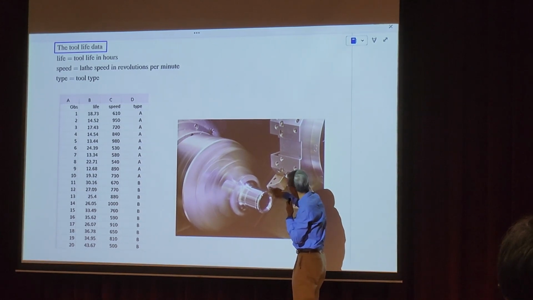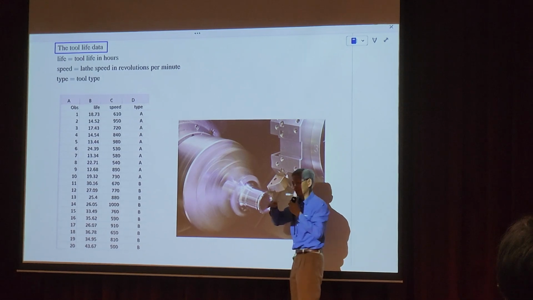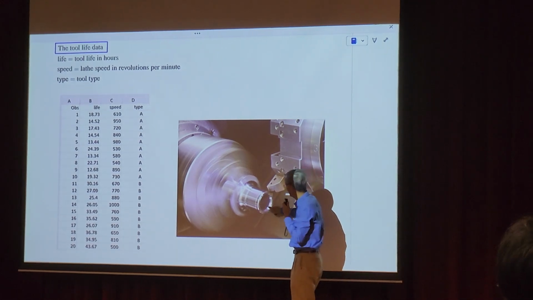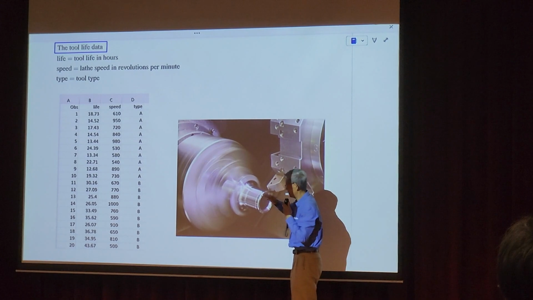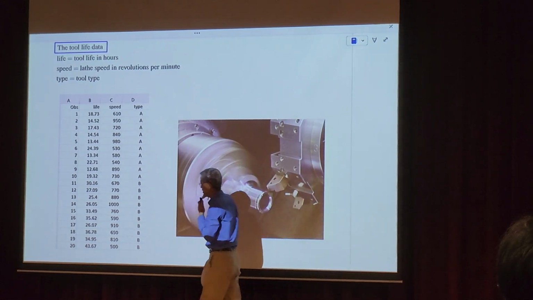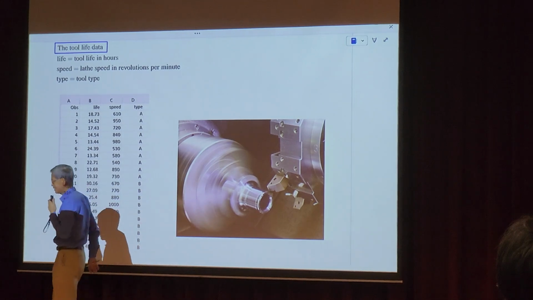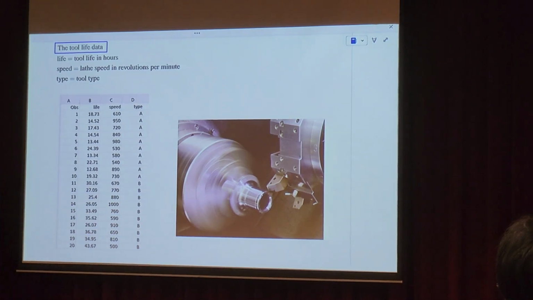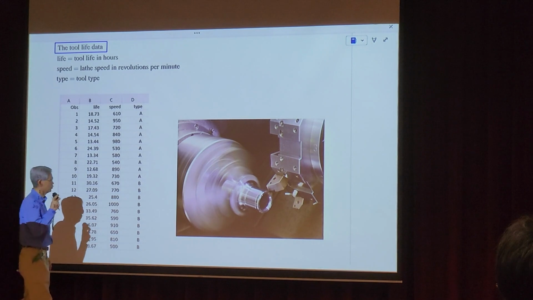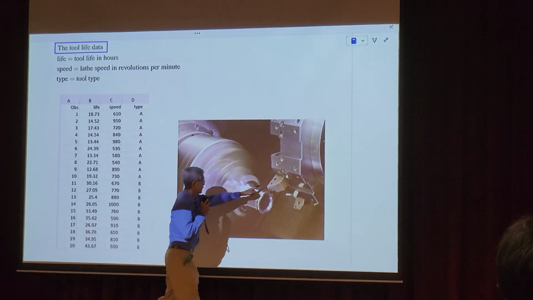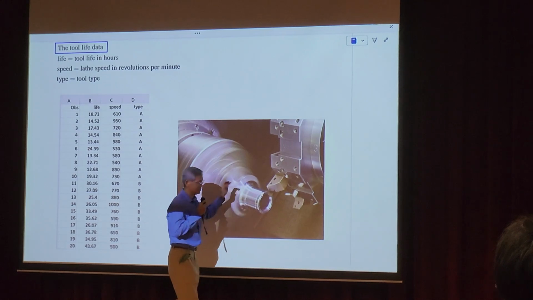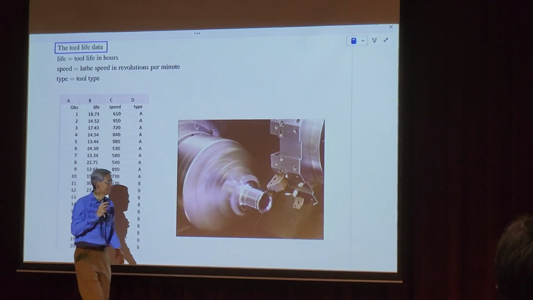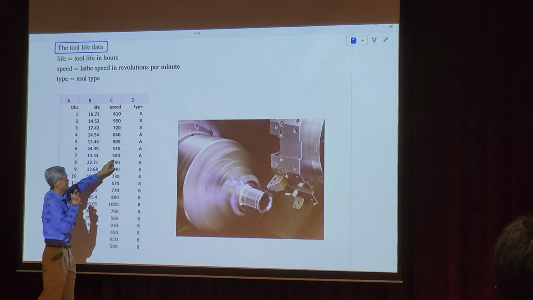You put the tool here, and you can make this smaller, reduce the diameter or whatever. So you have a tool here, and then this will turn at a certain speed. So there's this speed here.